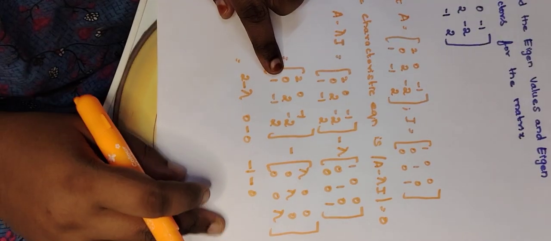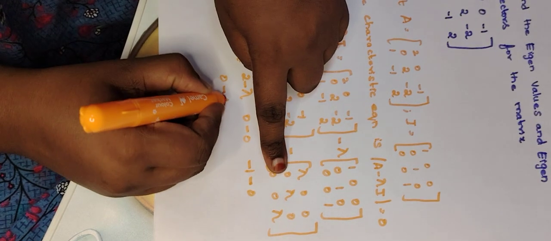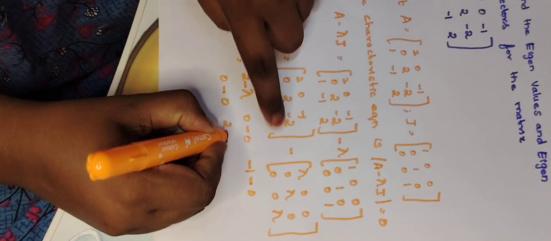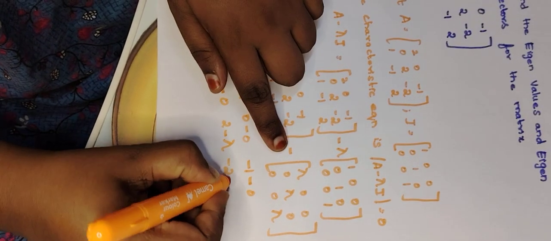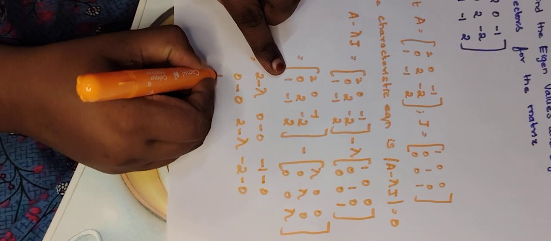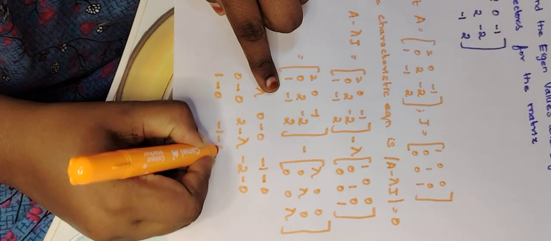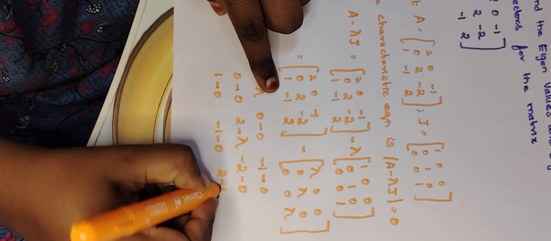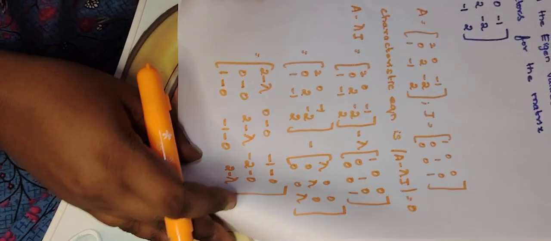Similarly, I am going to find all the elements: 0 minus 0, then 2 minus lambda, then minus 2 minus 0, then 1 minus 0, minus 1 minus 0, and 2 minus lambda.